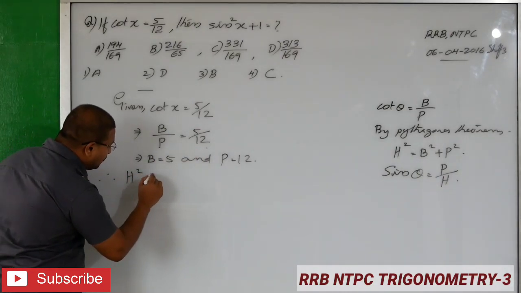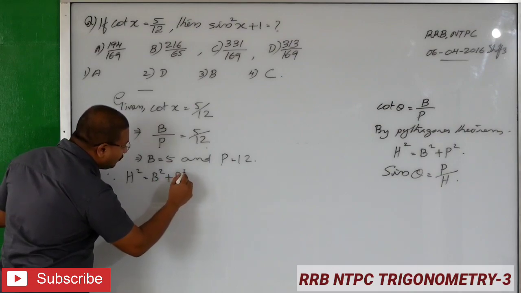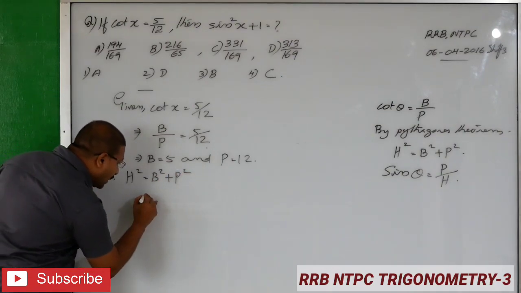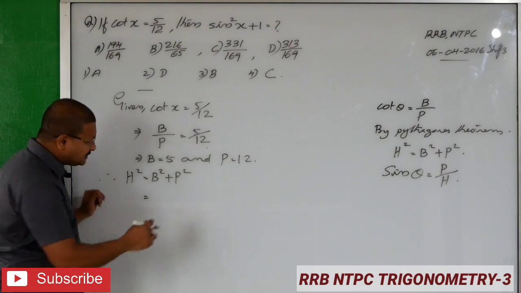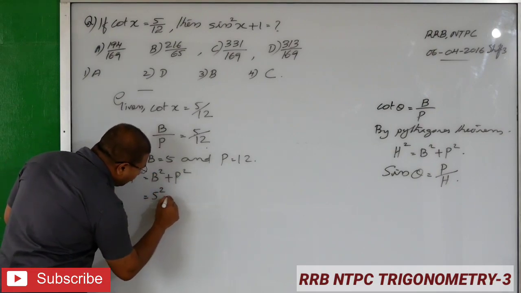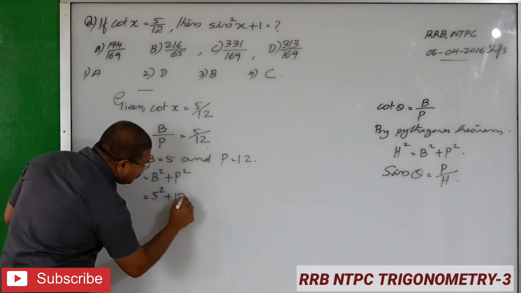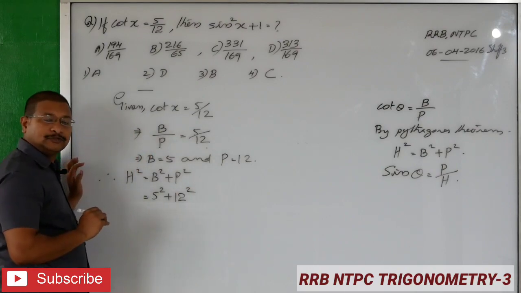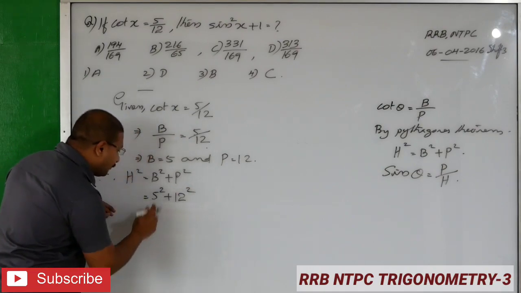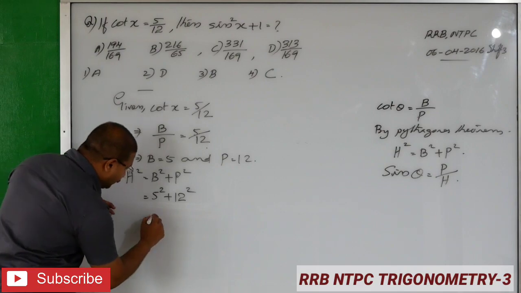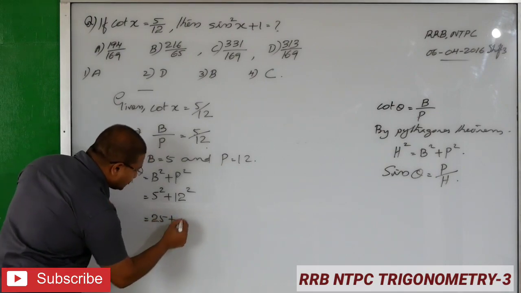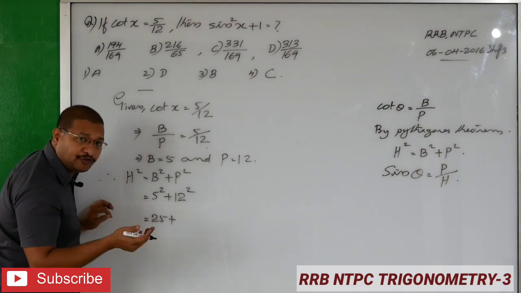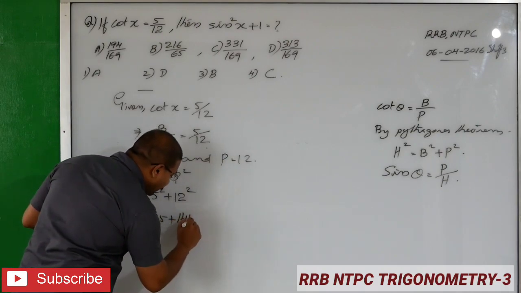Therefore, by Pythagoras theorem, what can you write? Hypotenuse square equals base square plus perpendicular square. What is the value of base? 5. So 5 square plus perpendicular 12 square. 5 fives are 25 plus 12 into 12, that means 144.